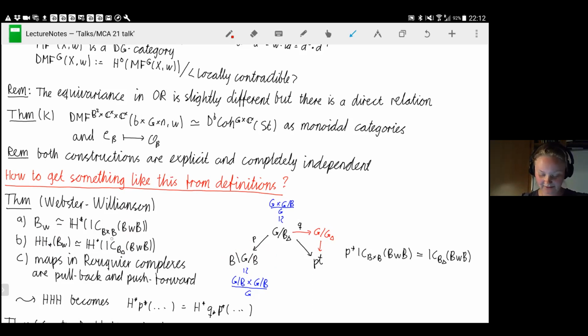Instead of taking equivariance with respect to two copies of B, we take equivariance with respect to the diagonal copy, with this diagonal inside here.